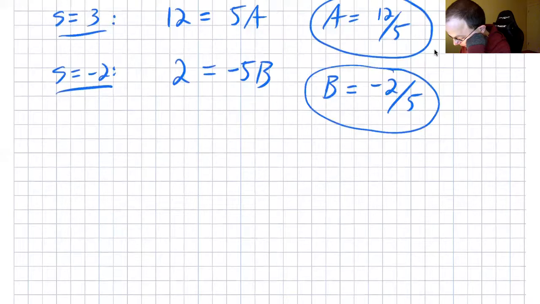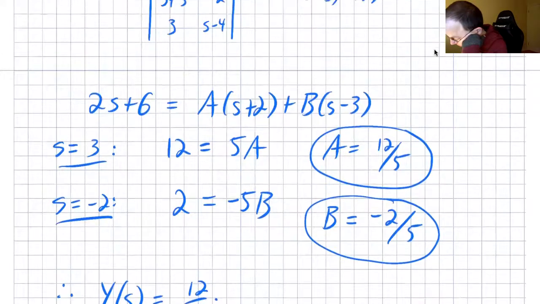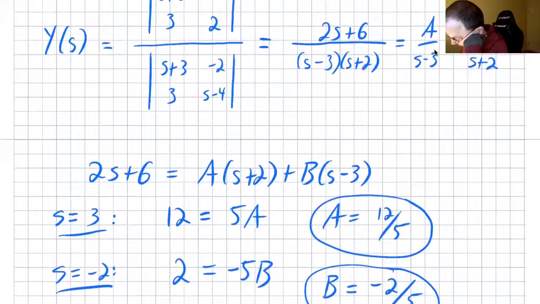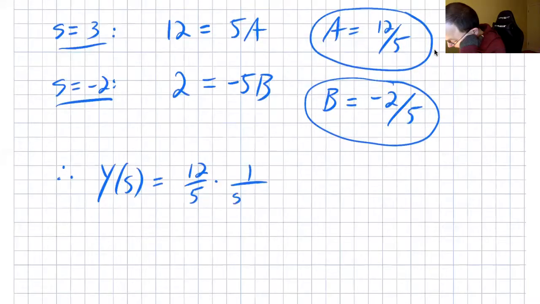Okay, so therefore, oh, maybe I should summarize. So we get y of s is equal to 12 fifths times 1 over s minus 3 minus 2 fifths times 1 over s plus 2.